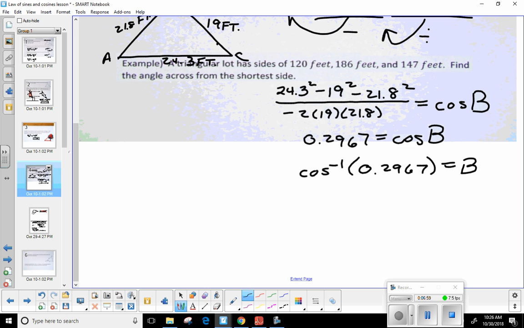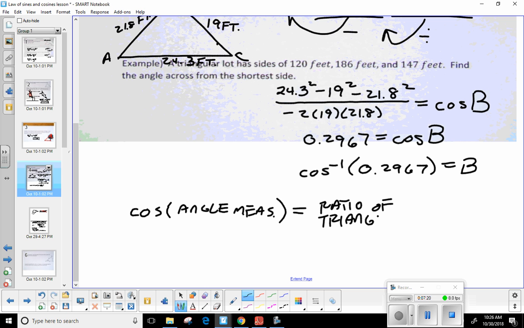Okay. Just think about it. Normally, if I go ahead and take a trig function, like cosine of an angle measure, what I'm going to get out is the ratio of the triangle sides.